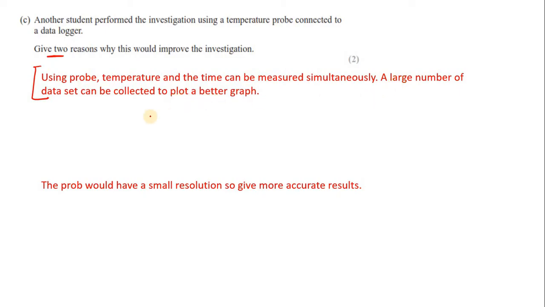So you can write large number of points, and you can say the resolution is small and gives more accurate results. So it depends upon the question. It's better to know all possible points.